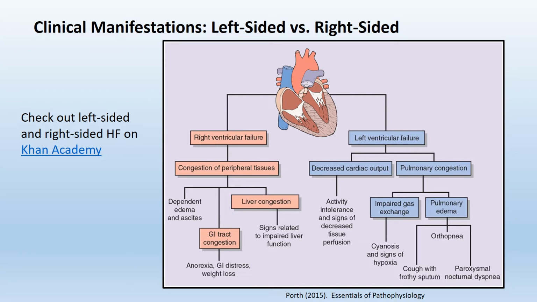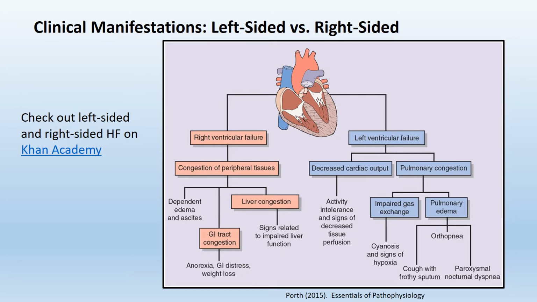With the pulmonary congestion, there's going to be impaired gas exchange, so they may have cyanosis, so, blue fingertips or even sometimes around the mouth, signs of hypoxia, and pulmonary edema, fluid back up into the lungs. So orthopnea is when the patient becomes short of breath when they're lying flat, and many patients who have chronic left-sided heart failure sleep in a recliner with their head elevated.